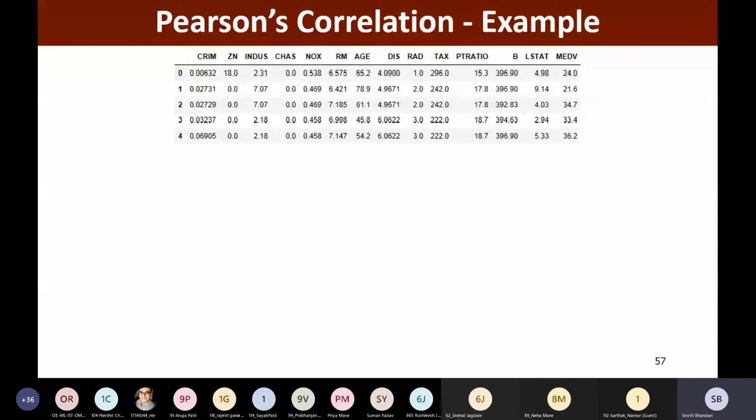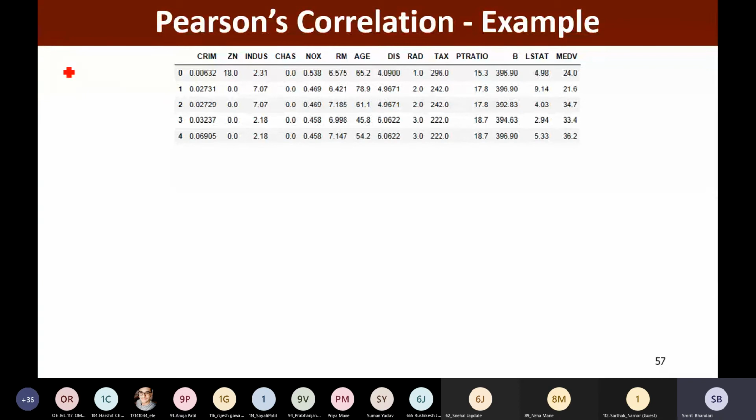Let's proceed now with one example. I hope the basic concept and how the coefficient is computed is clear. So let me tell you one example so that you can understand how we are going to find the feature subset out of the given feature set.